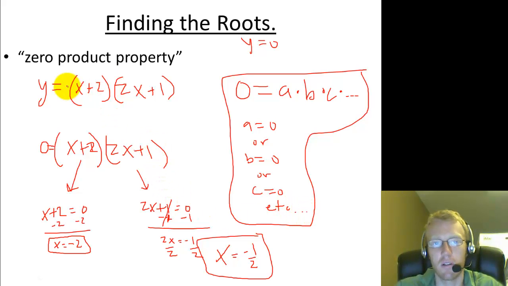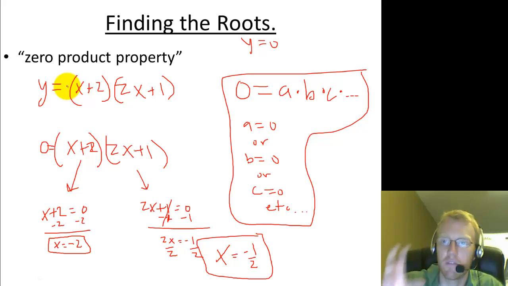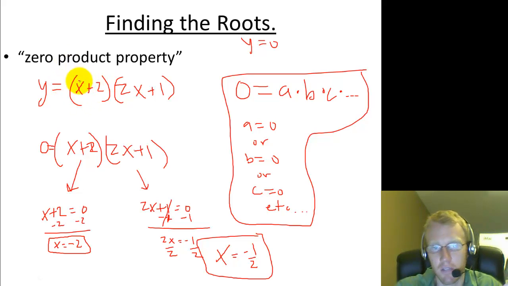And so in factored form, you have a product of terms, namely this factor times this factor, equaling 0 to find the roots. You put in y is 0. And the only way that can happen is if these guys are 0 independently. So you can take the piece that's in factored form, set it equal to 0, and then solve.